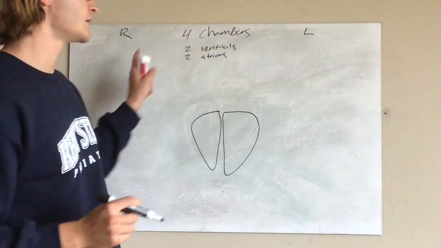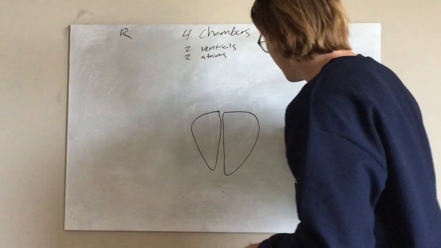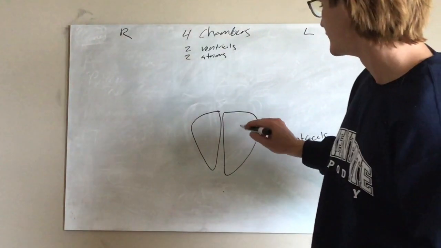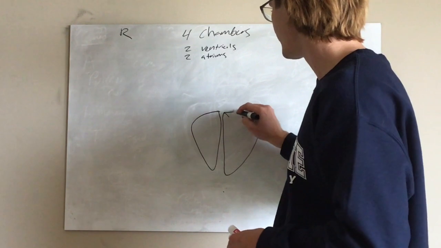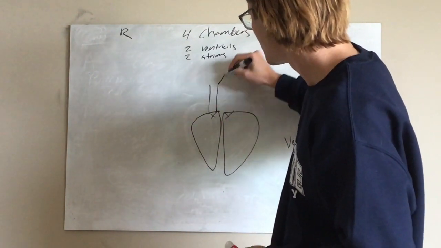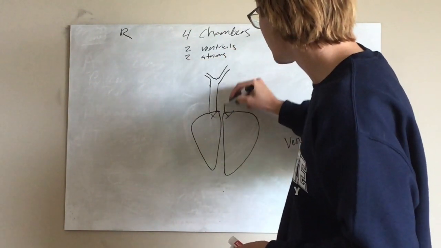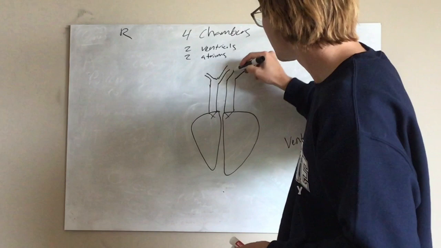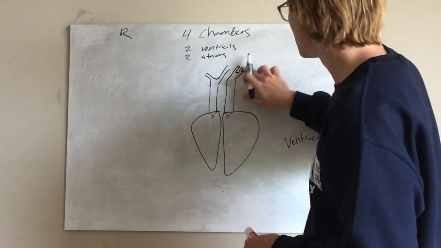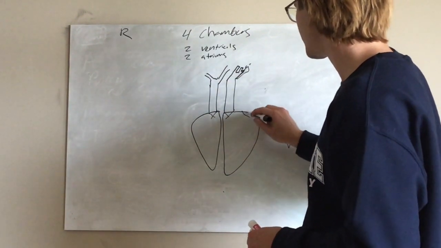So you have your left and right ventricles here, and these ventricles are going to have different valves. We're going to have that valve, and then 2 valves right here.